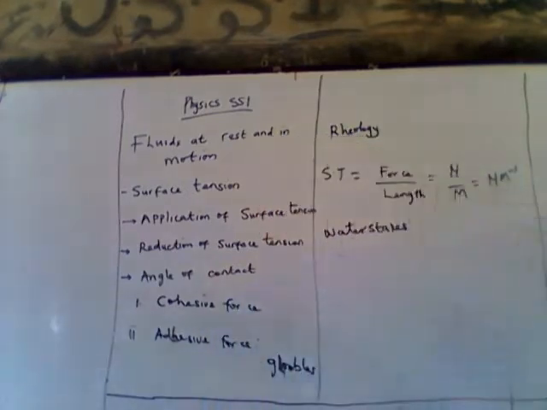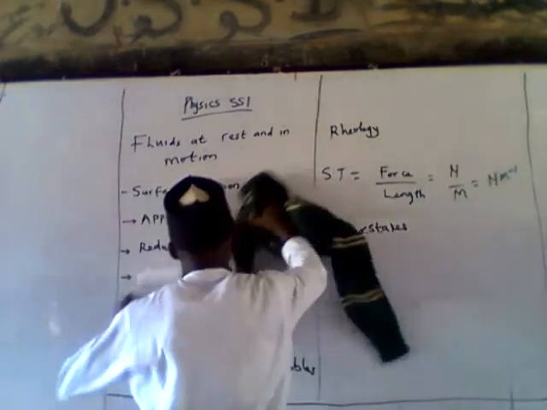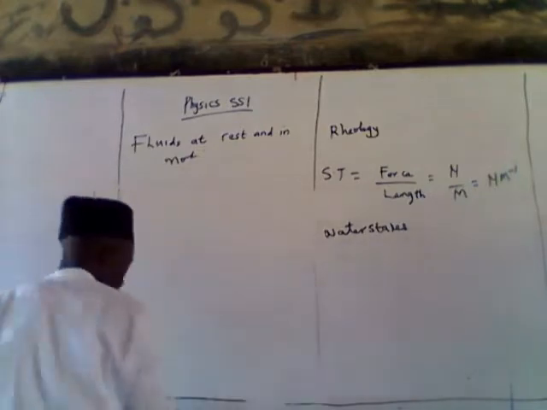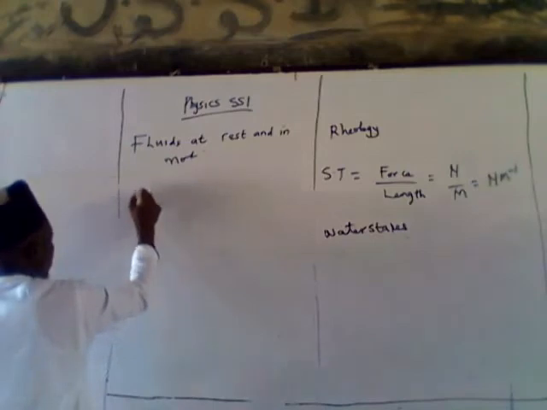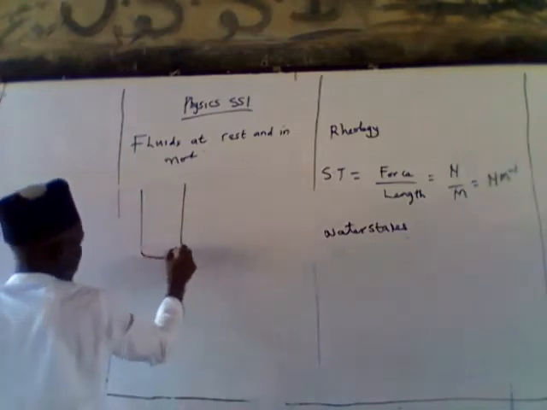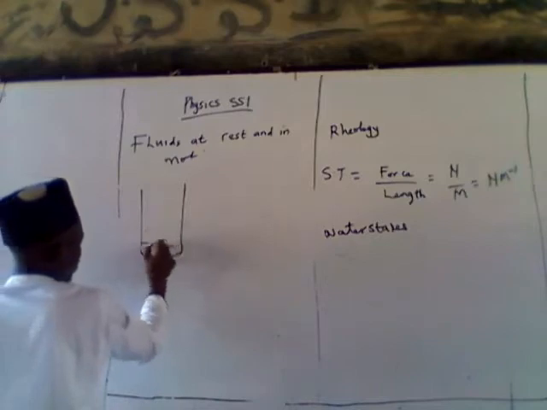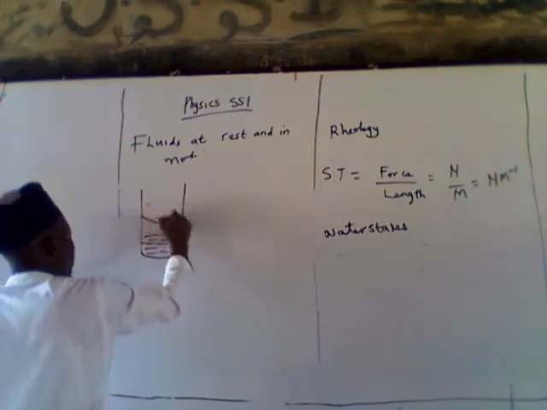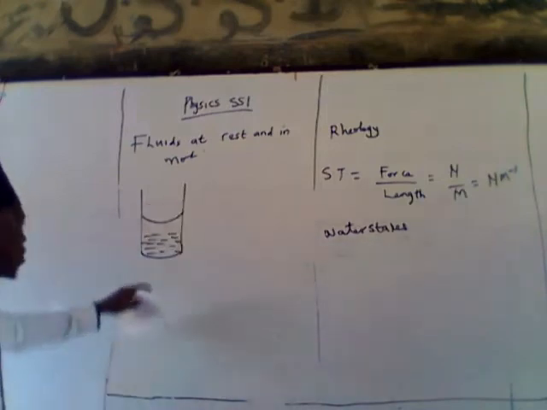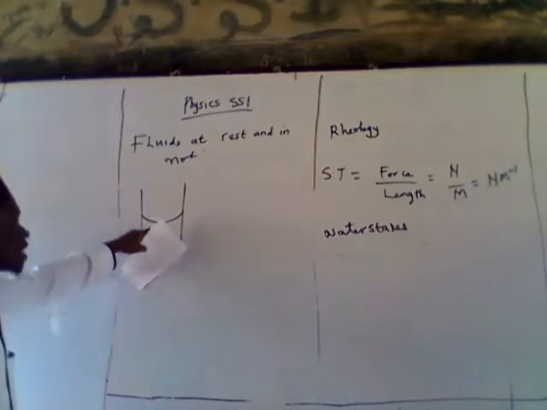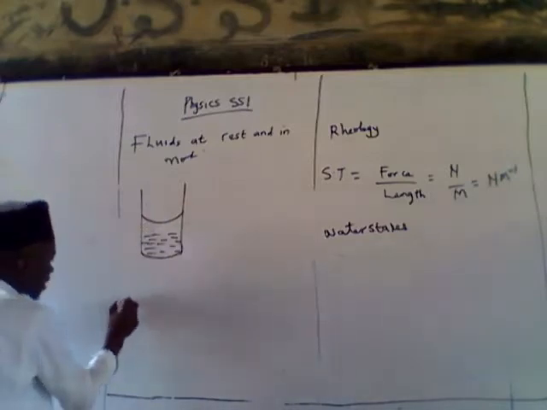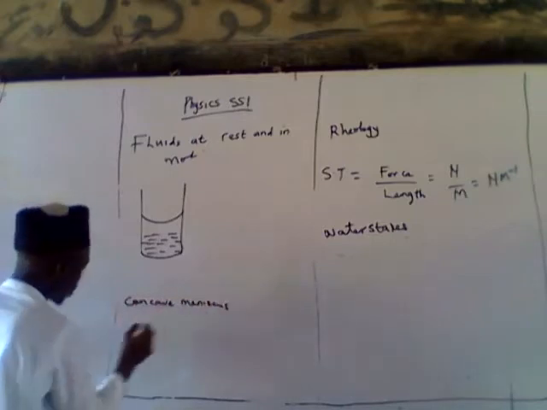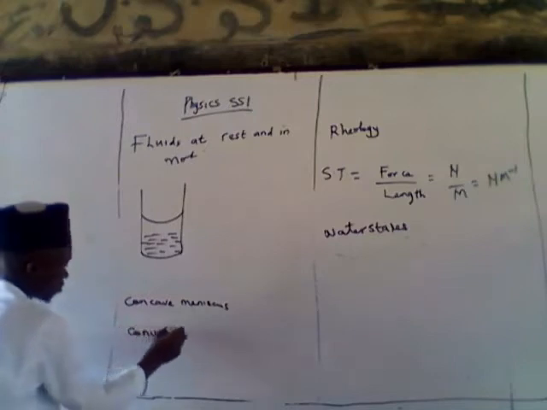For example, let me draw. Let's take a look at these surfaces. Let's assume that we pour water in a glass cup. This is our water. Now you will see that we have two types of meniscus: either we have what we call concave meniscus, and we also have convex meniscus.